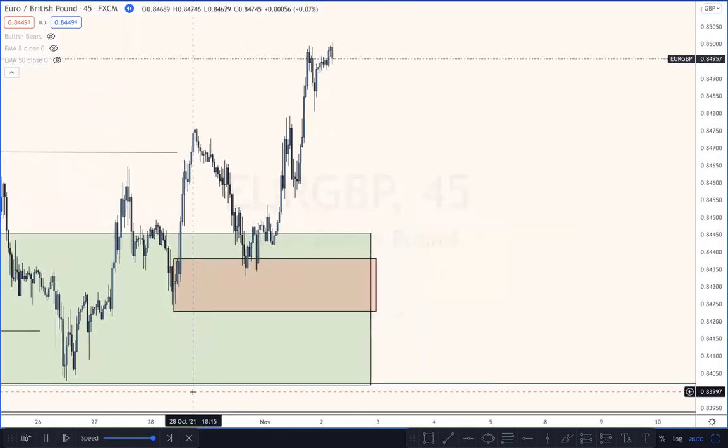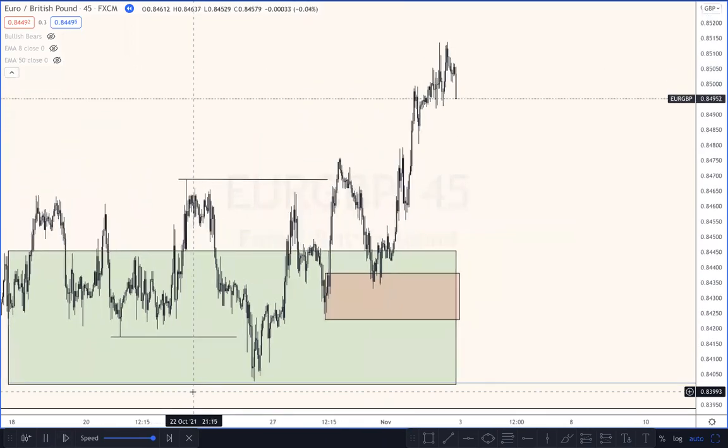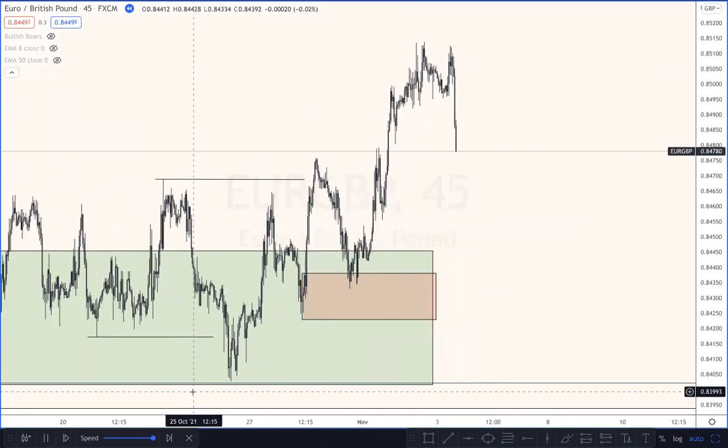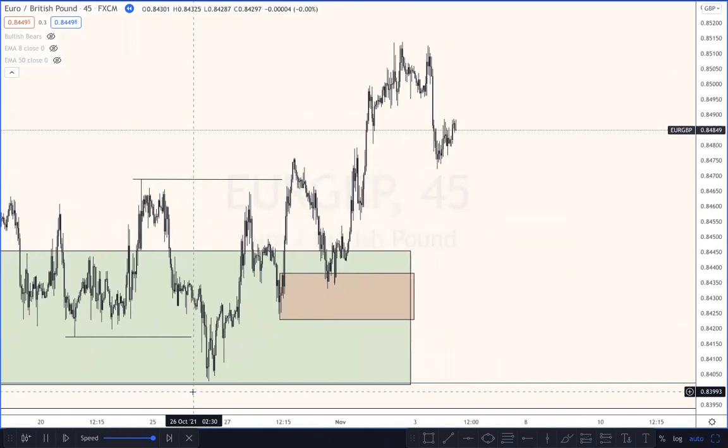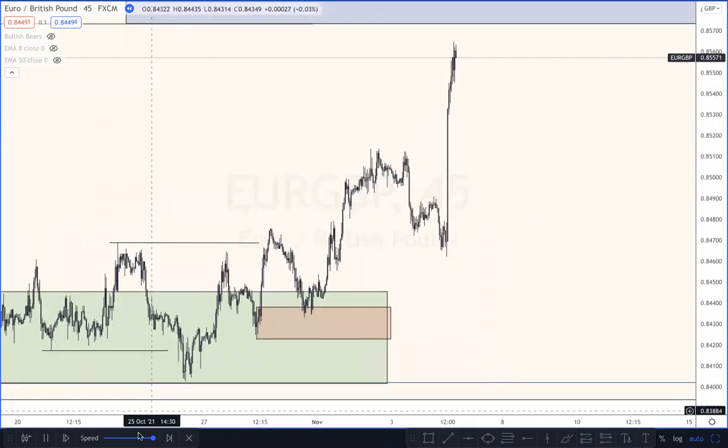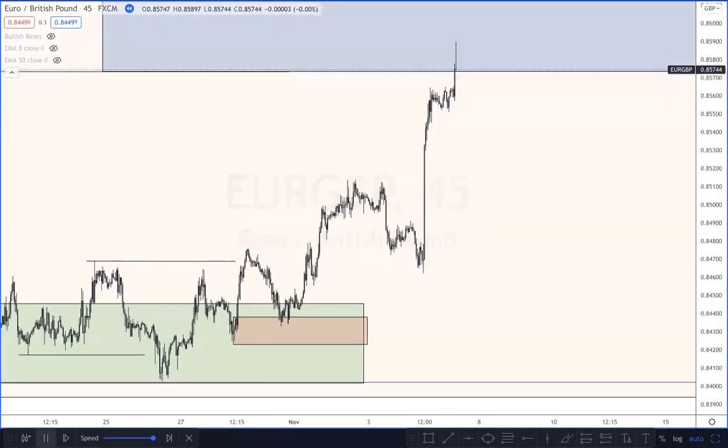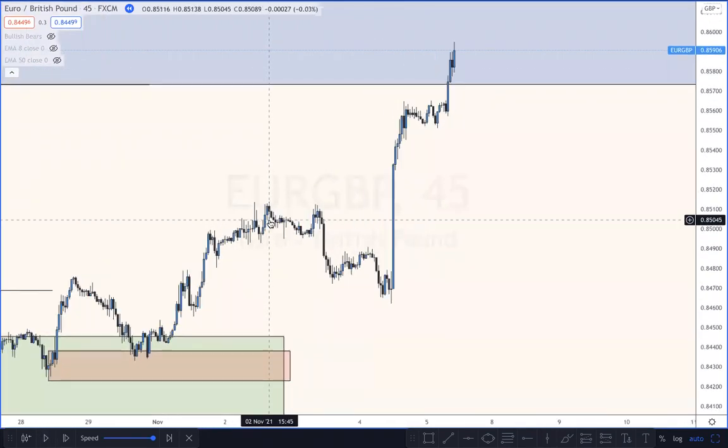There we go. After the low risk buy, what happened? I'm going to pull my fib and show you something.